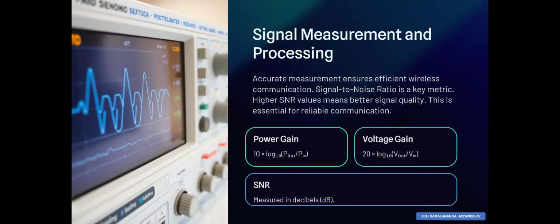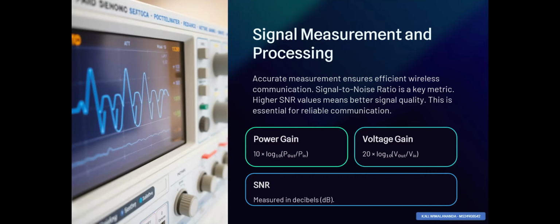Signal measurement and processing. When working with signals, we need accurate ways to measure them. This is where decibels come in. The decibel, written as dB, is a logarithmic unit that expresses the ratio of two power values.